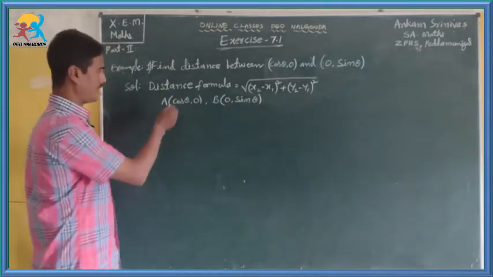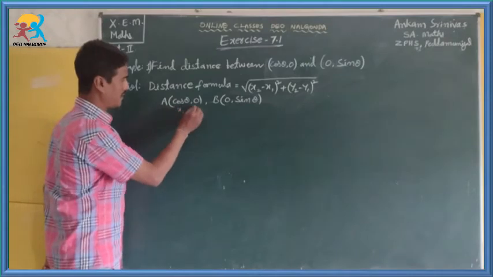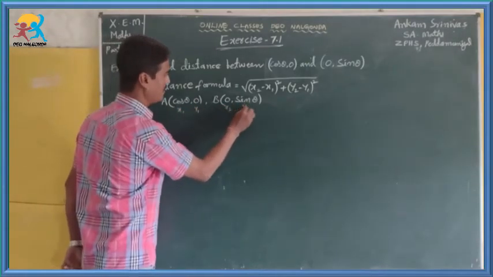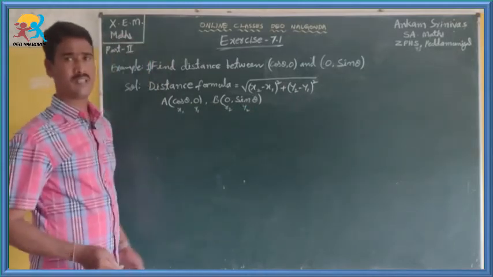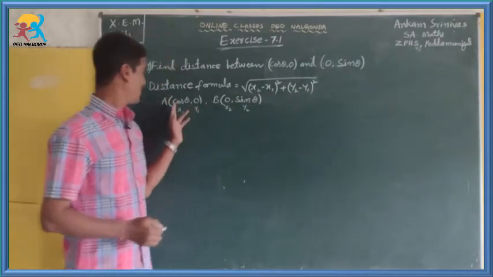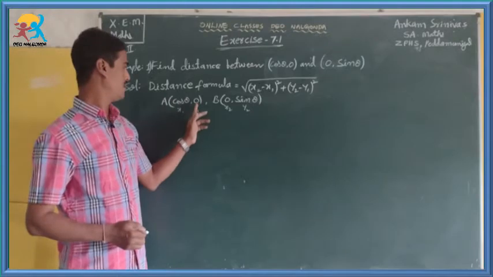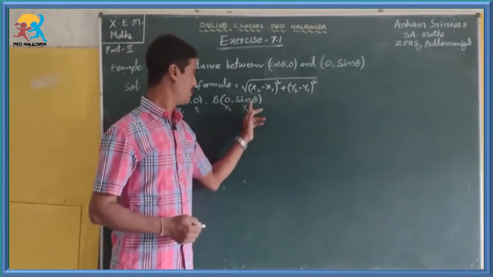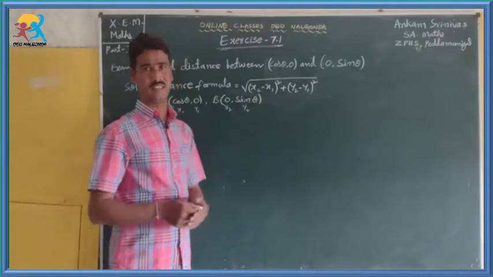Point A is x1 and y1, and this is x2 and y2. x1 is cos theta, y1 is 0, x2 is 0, y2 is sin theta.